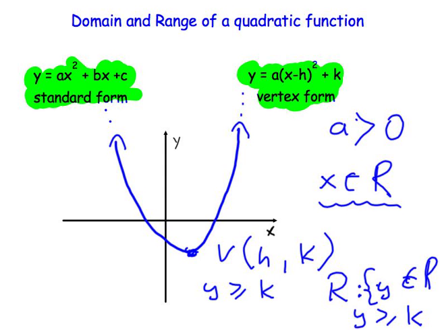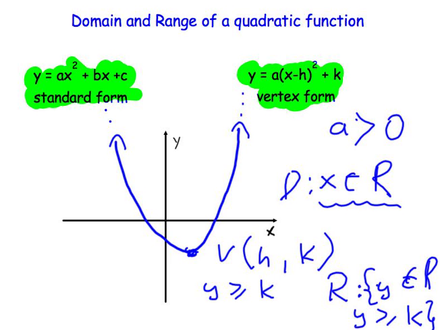So this is not the entire set of real numbers for the range. The domain is still the entire set of real numbers, no restrictions. The range, however, already has some restrictions.